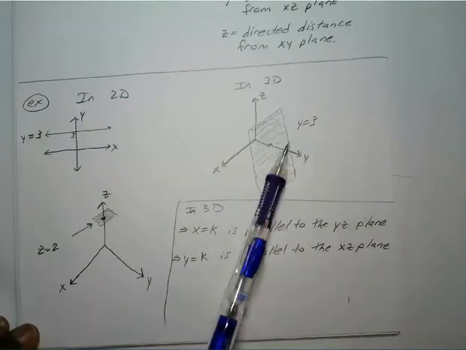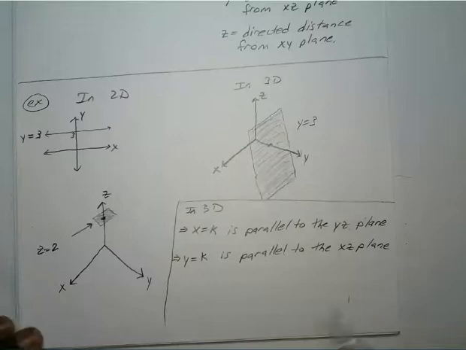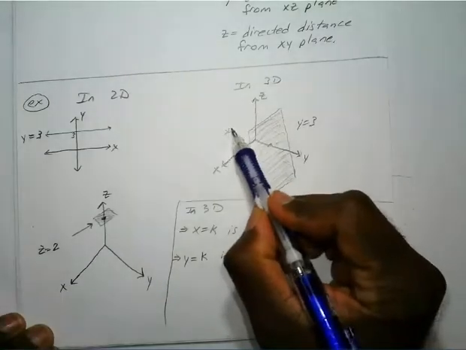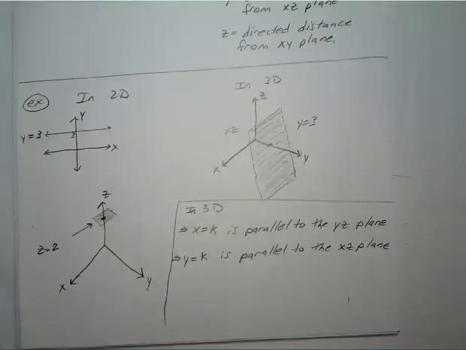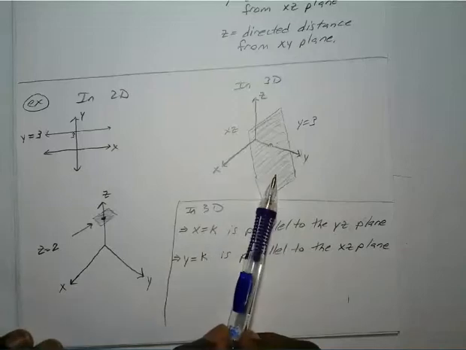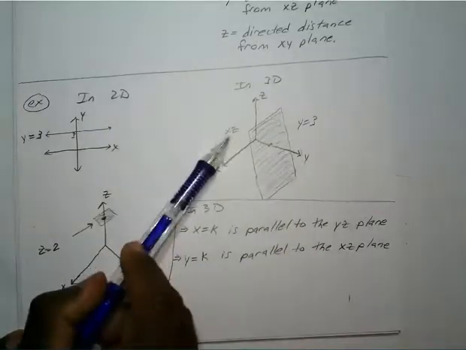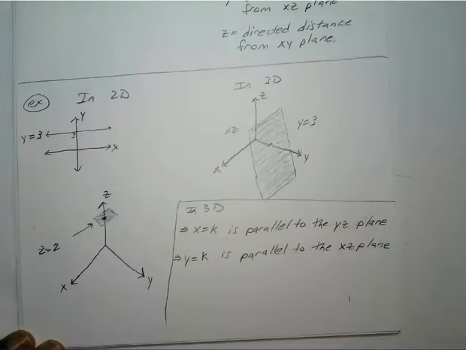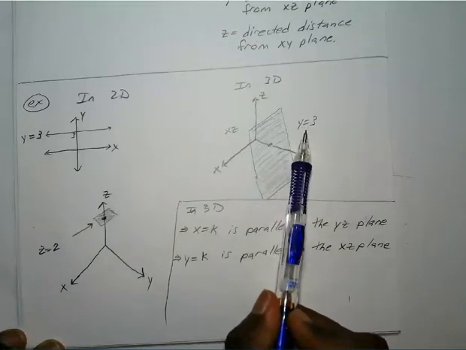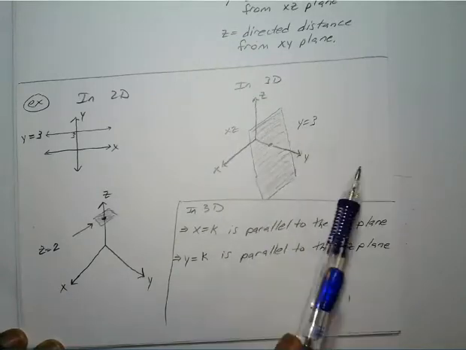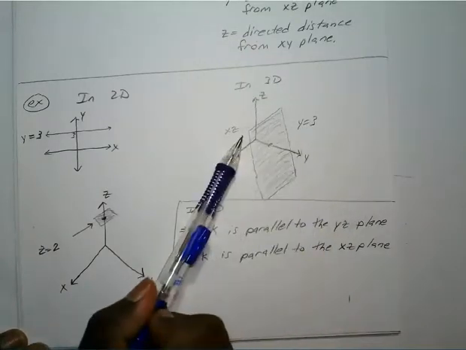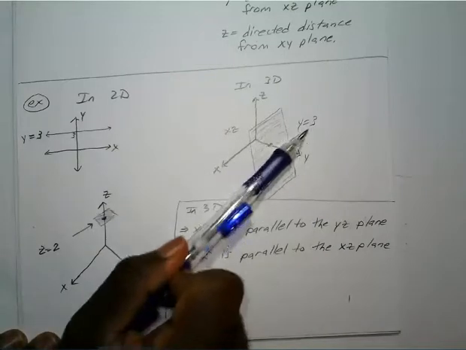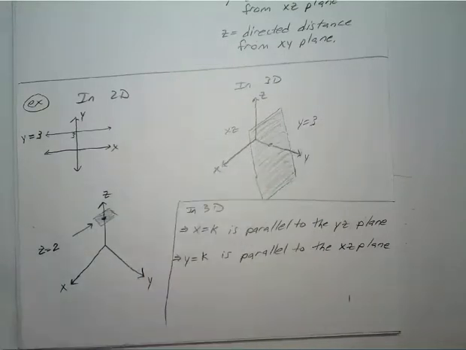We have Y equals 3, which is parallel. Remember, this is our XZ plane over here. So this sheet of paper will be parallel to our left wall, or our XZ plane, where our X equals some value. So if we had X equals 3, it will be parallel to our right wall. So it will be the same direction as our right wall. Okay, so you have a wall here and a sheet of paper going in the exact same direction.